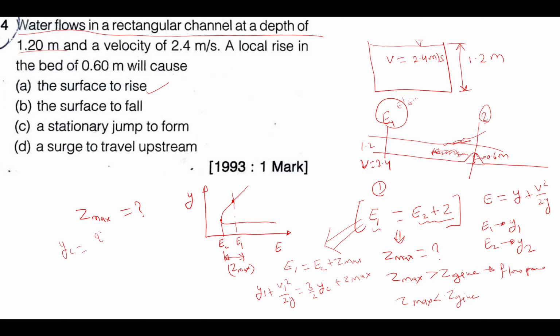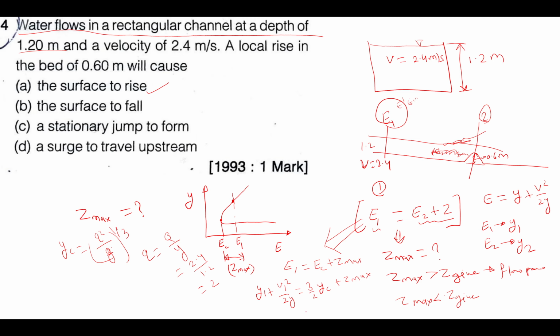YC is equal to (q square by g) to the power 1 by 3. So what is q? q is nothing but discharge by depth. So 2.4 divided by 1.2, it will come around 2. So here you need to put all the values.